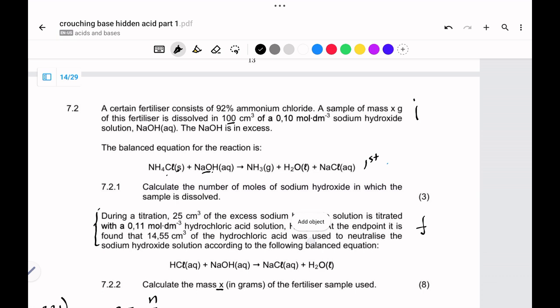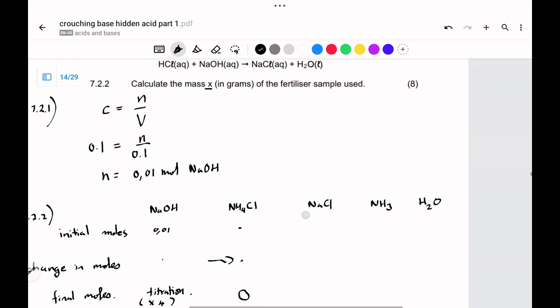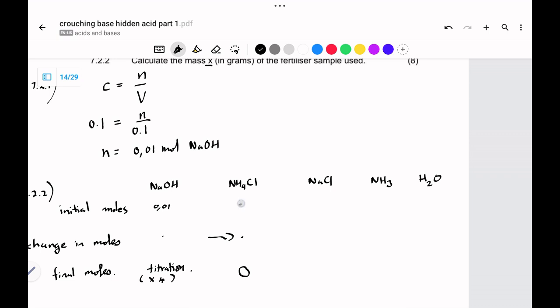There's ammonium chloride and then there's the fertilizer. The fertilizer is 92% ammonium chloride. So once we get this mass of ammonium chloride, we still need to apply one more piece of information. This percentage, essentially it's a percentage purity. We need to apply that piece of information to calculate X.